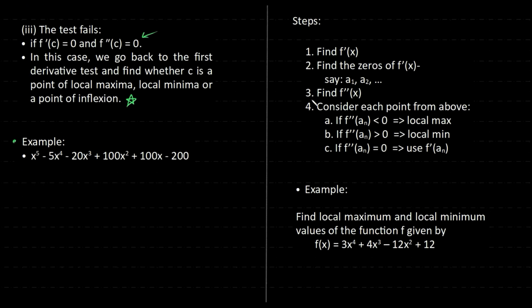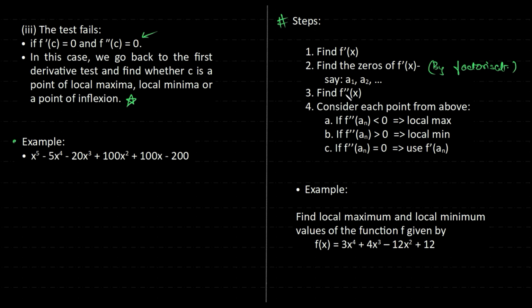Now, let's look at the steps to summarize what we're looking at. First, to make use of the second derivative test, we have to find f prime of x and find the zeros by factorization. It's not only factorization, you can use any method to be honest, but factorization is the main thing.